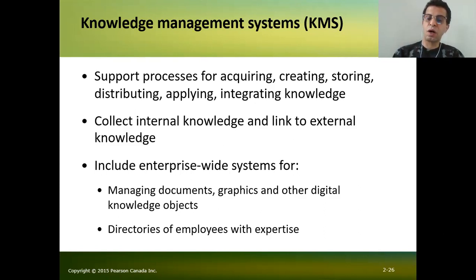They include enterprise-wide systems for managing documents, graphics, and other digital knowledge. In a way, it minimizes reinventing the wheel, because somebody before you somewhere has done it, so you can build on it. There are also directories of employees with expertise, so if you need somebody with a certain expertise, you can find them in the knowledge management system.